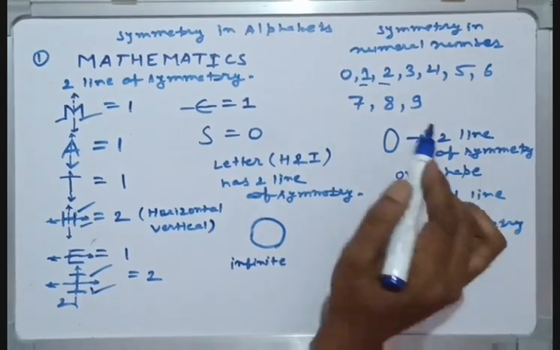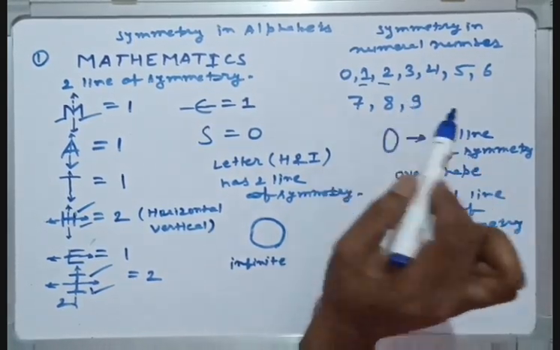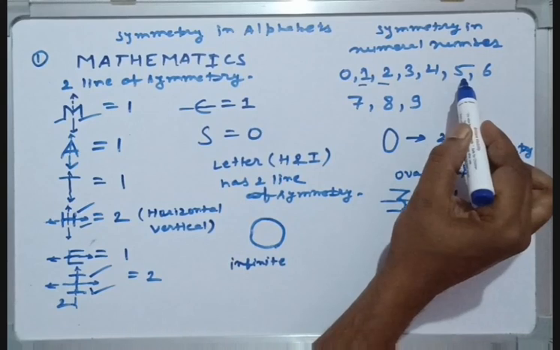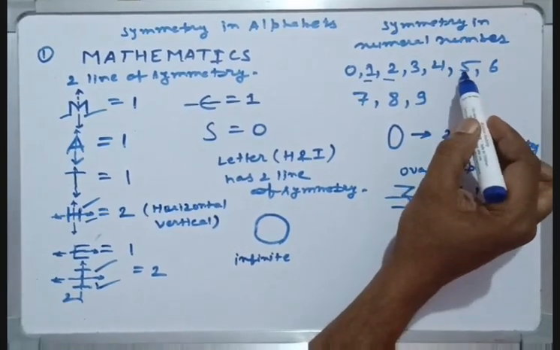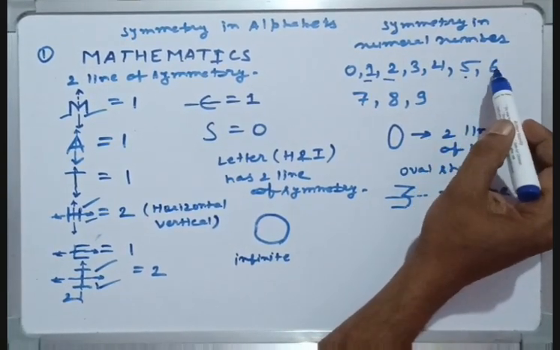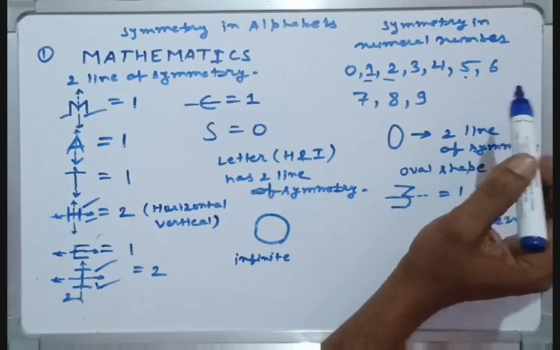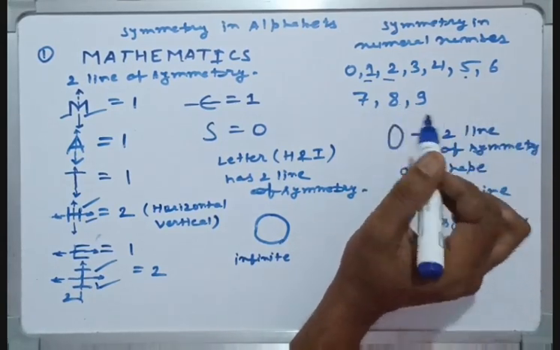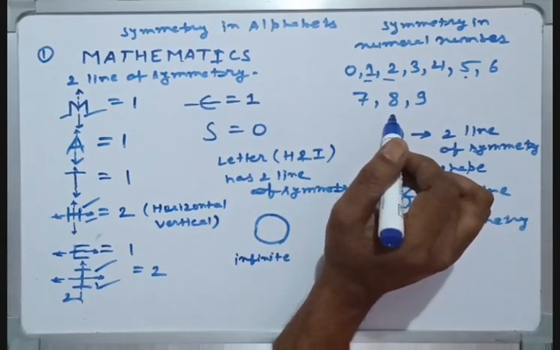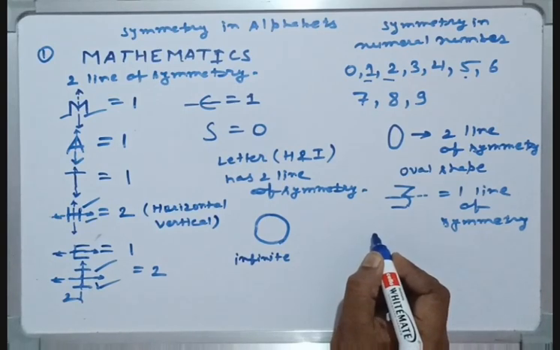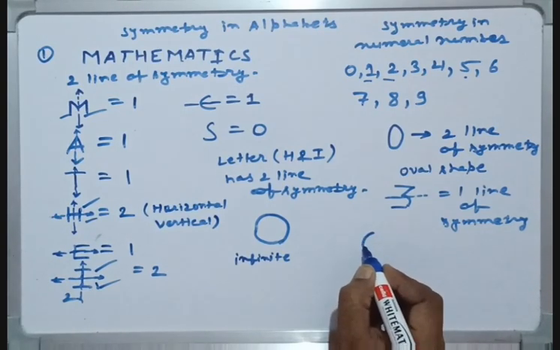Okay guys, now 4 has 0, the fifth one also has 0 lines of symmetry, 6 also has 0, 7 also has 0 lines of symmetry. And now see about 8.